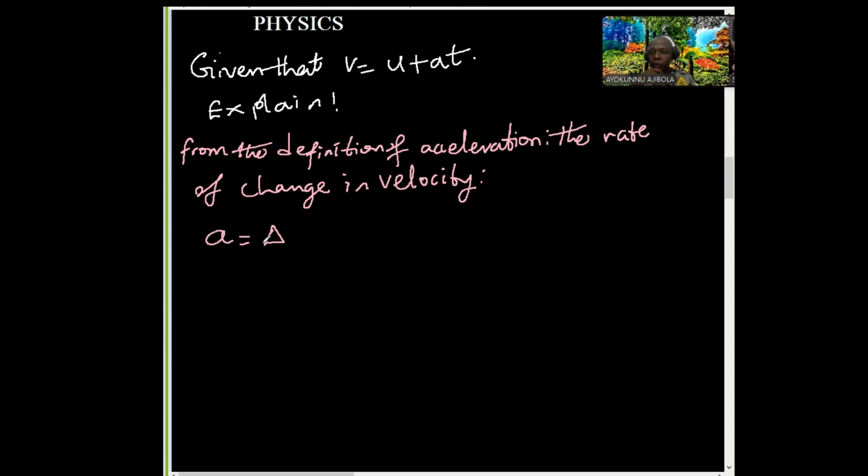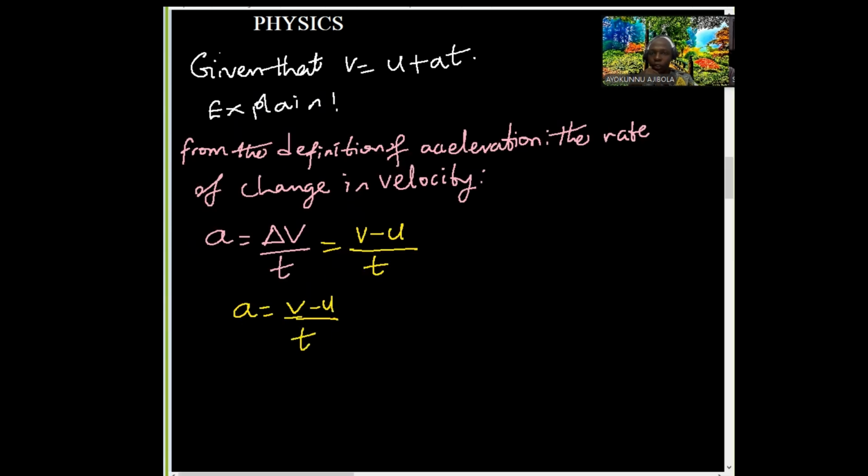So acceleration equals the rate of change in velocity, okay? Is that clear? Then we can have final velocity minus initial velocity, that's the change. Then a equals v minus u over t.